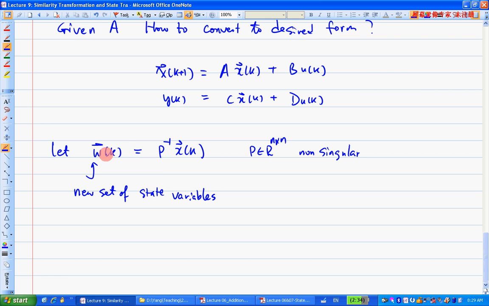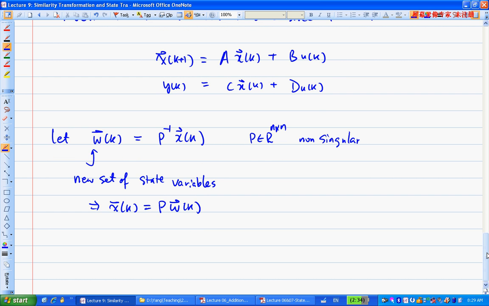So WK equal to this, meaning X of K equal to P W of K. Now let's substitute this transformation back into this discrete state space model. So x of k equal to this, then x of k plus 1 must be P W of k plus 1, right?